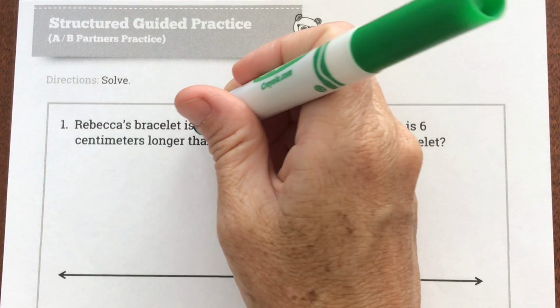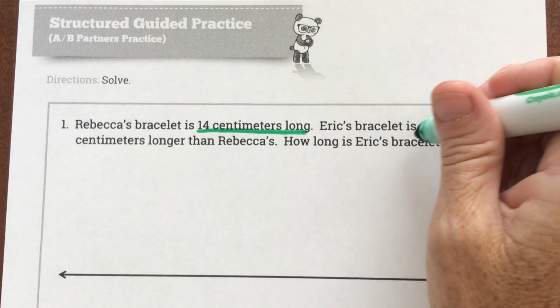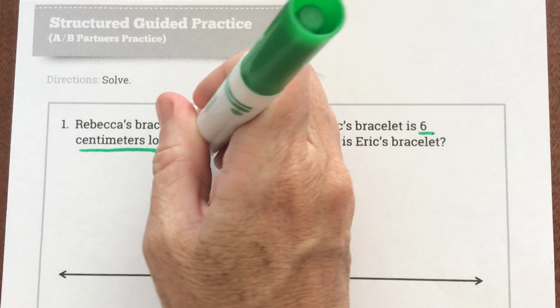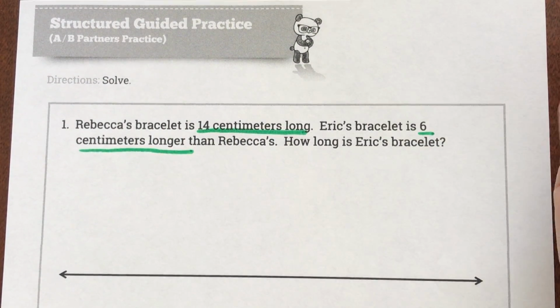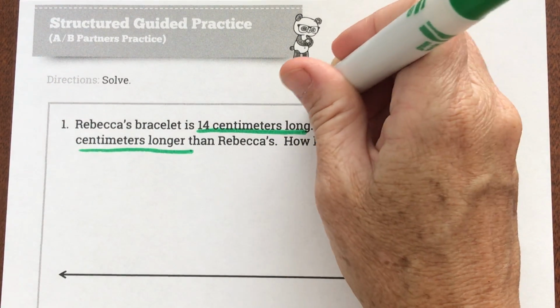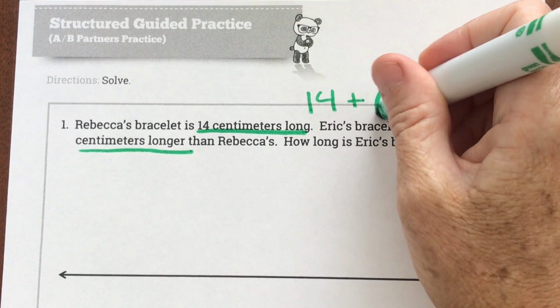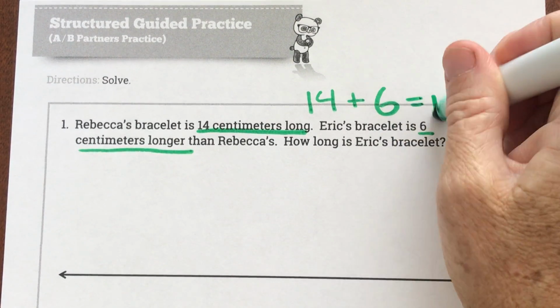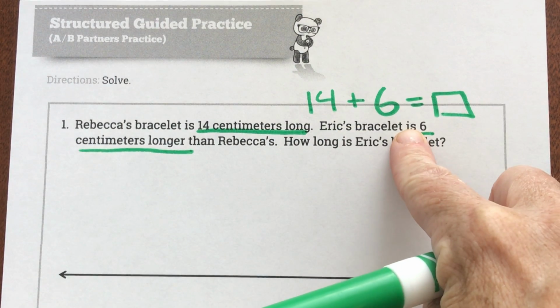Okay, well, if Rebecca's is 14 centimeters long and Eric's is 6 centimeters longer, that means it's bigger. It means it's more. So that would mean our equation is Rebecca's plus 6, or add 6, would give us Eric's. It's going to be 6 more, or 6 longer.